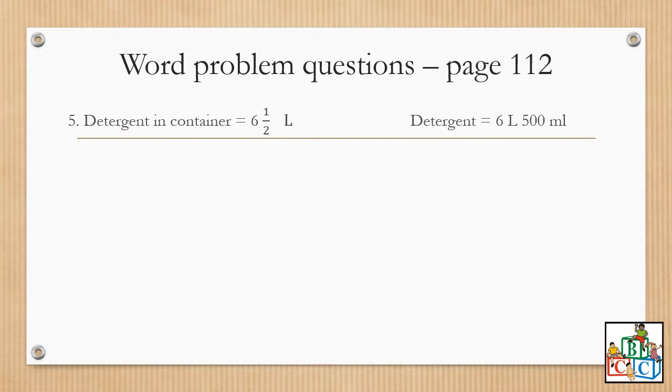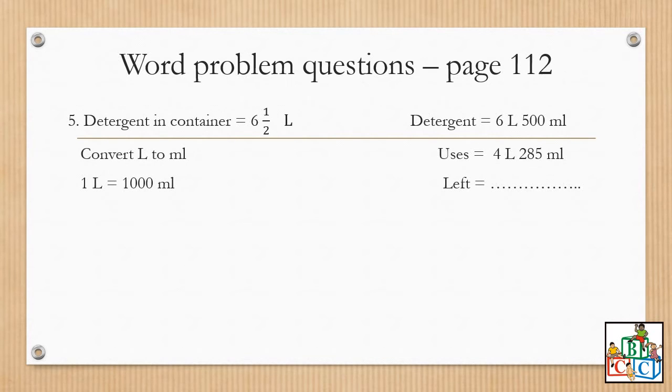Let us see number 5. So you have the detergent in the container, 6.5 liters. So what you have to do, you have to convert 6.5 liters to ml, for you to be able to work this out quite easily, because she's going to use 4 liters 285 milliliters.